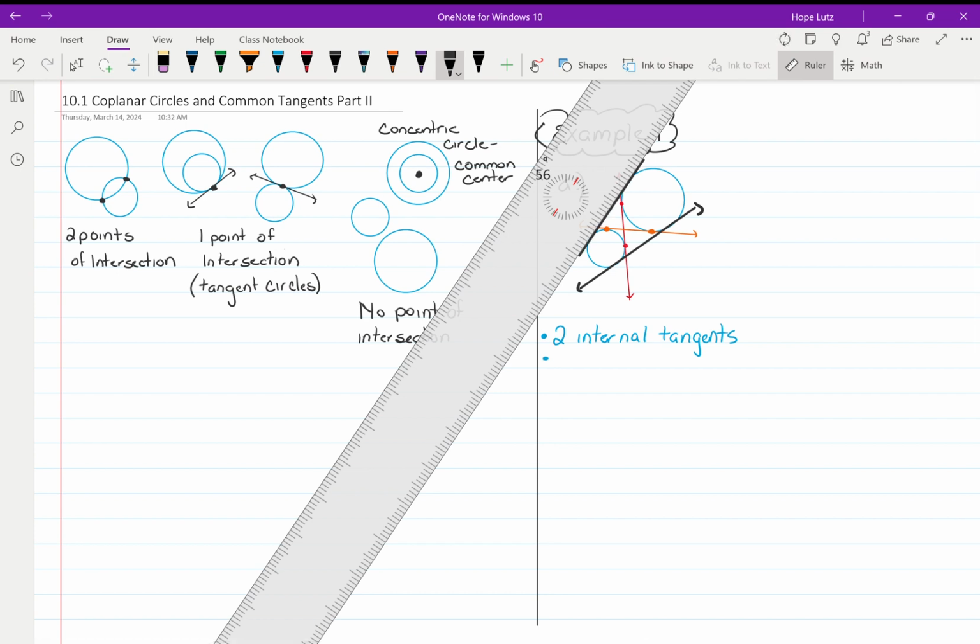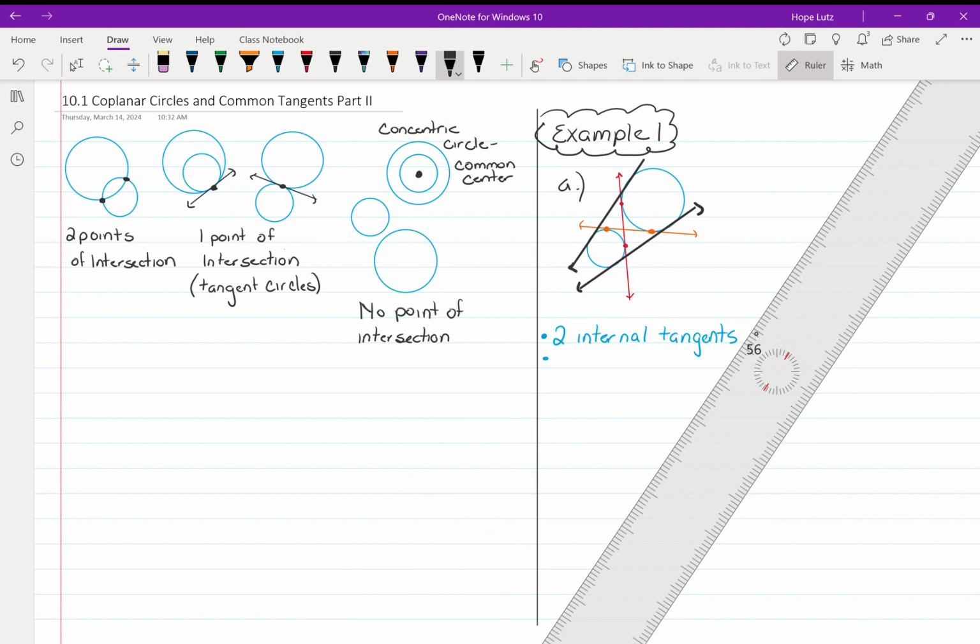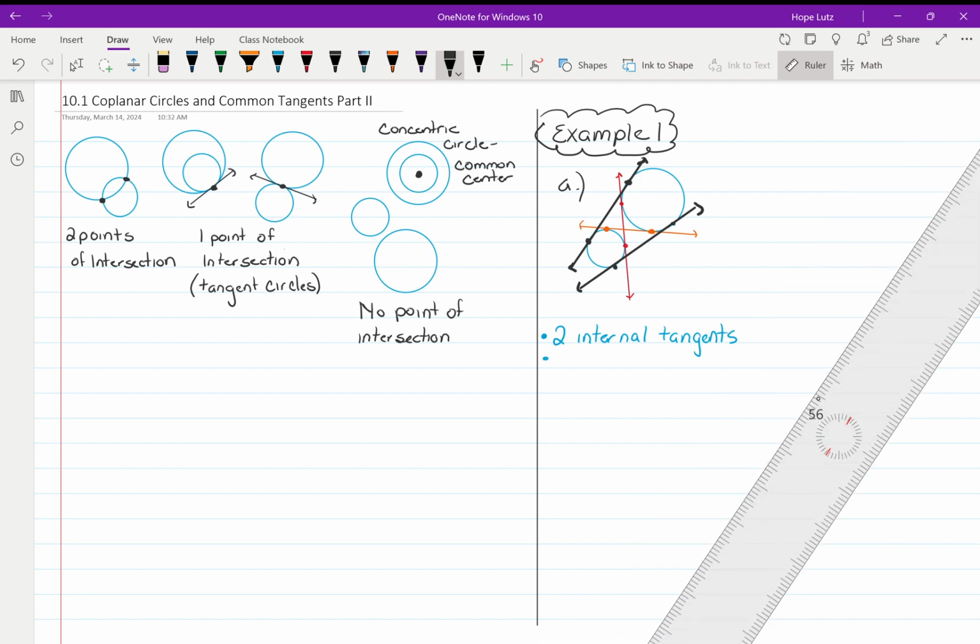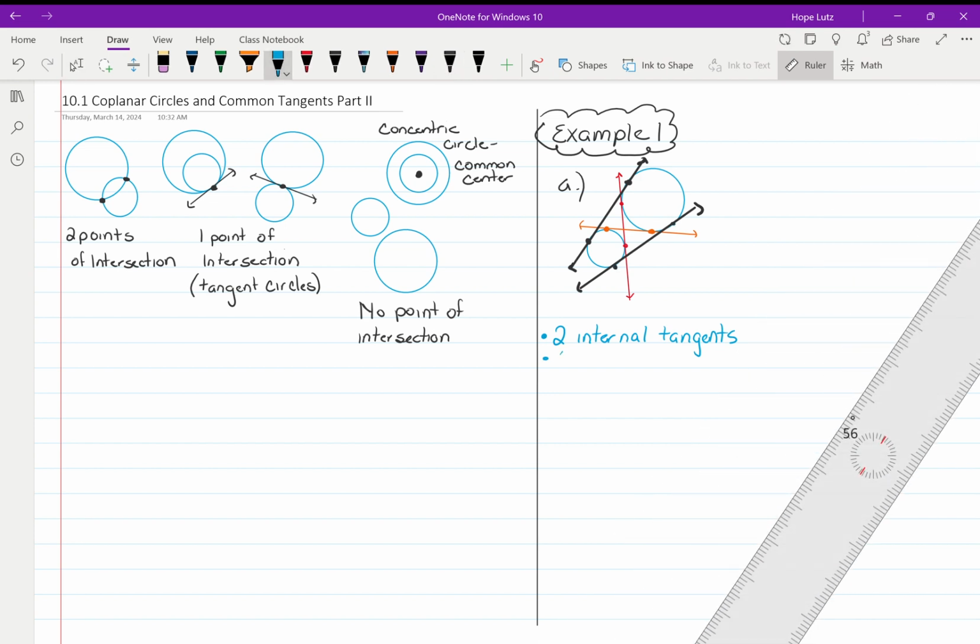Alright, so I've got hits here and here on this line and here on this line. So these would be 2 external tangents because they're hitting the outside. They're not going in between the 2. Okay? So we have a total of 4 common tangents.